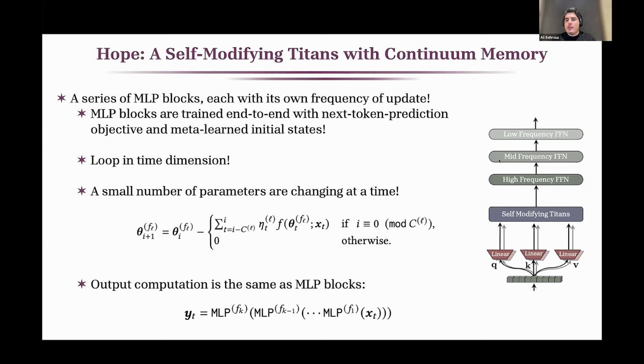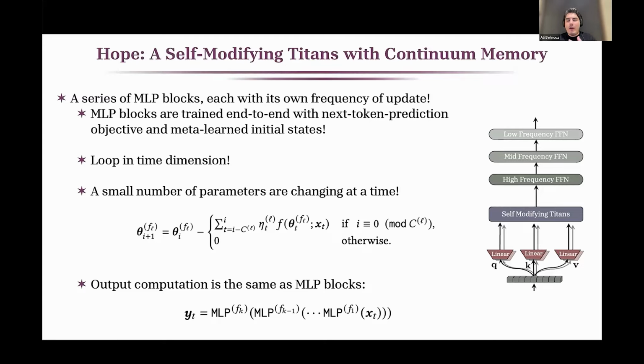And so potentially this fast-updating MLP block can simply forget something. But when it forgets something, these two components are not updated so far, so the information is already there. When I do the backpropagation process, this information can come back to this MLP block, and then it can remember something from the past. So that's generally the process and the design of the HOPE architecture.